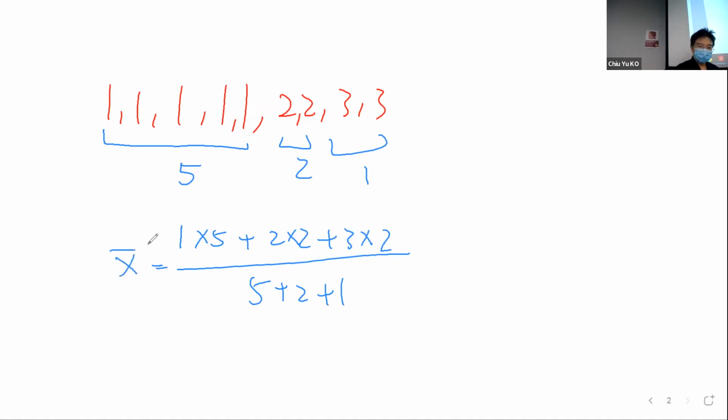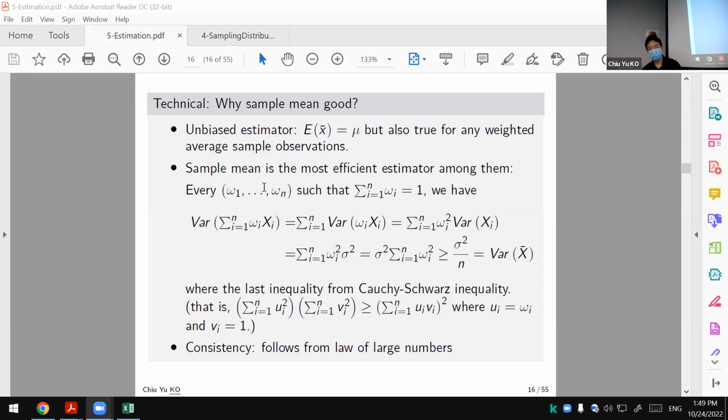And if you think 1 appears too much and you want to assign way more than 5, then it's a weighted average. But here it tells you that you should just use how many times it appears as the weight. You should not say I put 5 squared as the weight. That is not efficient enough. So that means some weighted average is not a very good estimate compared with the sample mean.